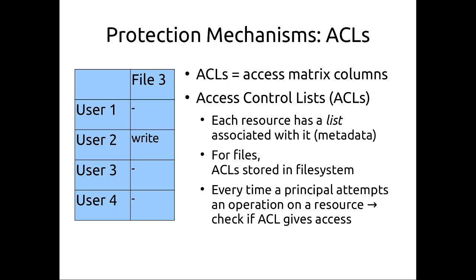So here we see a column for file 3, and we can see that if we store an access control list with file 3, then it will include only user 2 being able to write to that file, right? So every single resource in an ACL has a list of all of the permissions associated with it, which principal should be able to perform which operations on this resource.